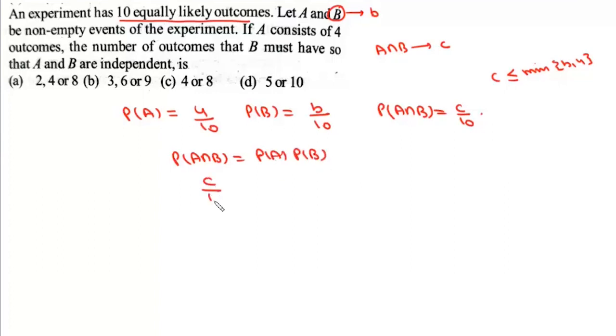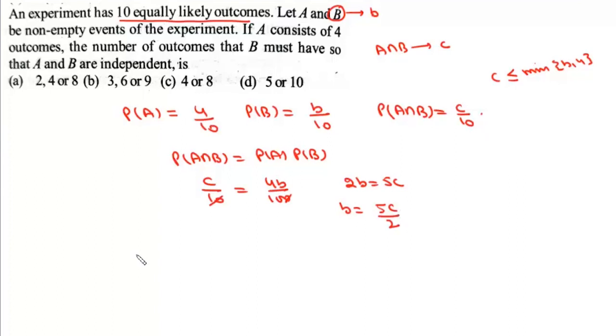That means C by 10 will be equal to 4B by 100, or we can write 2B must be equal to 5C, or B should be equal to 5C by 2.